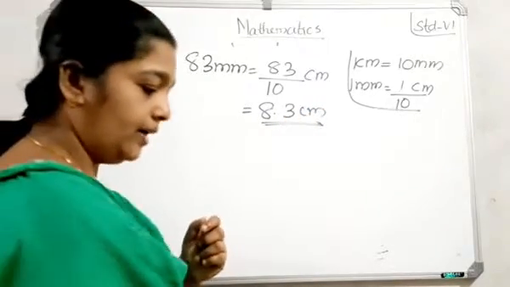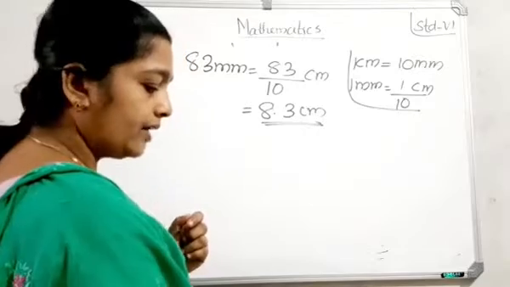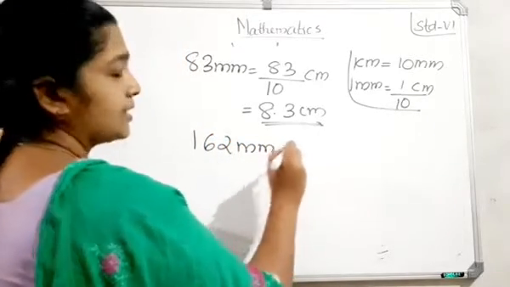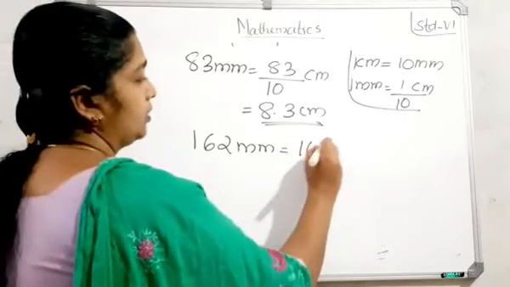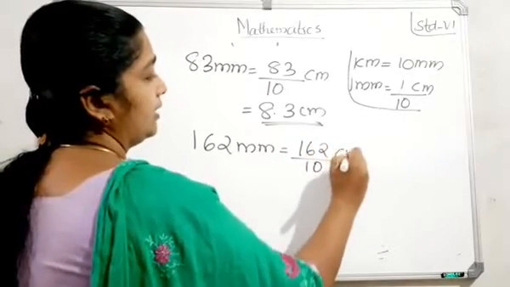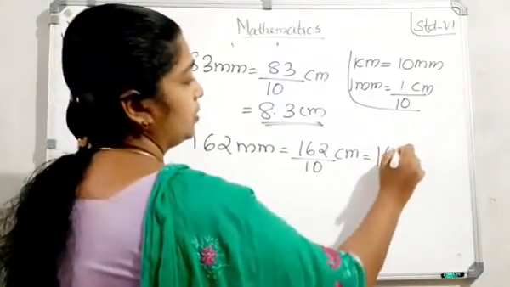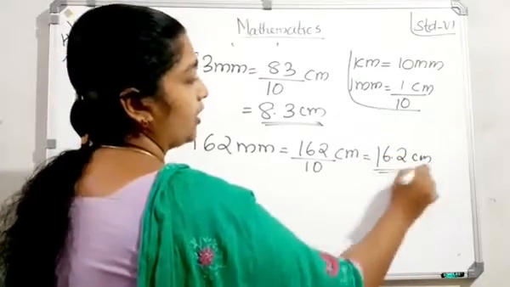Next, 162 millimeter. 162 divided by 10 centimeter, 16.2 centimeter. All of you understand?